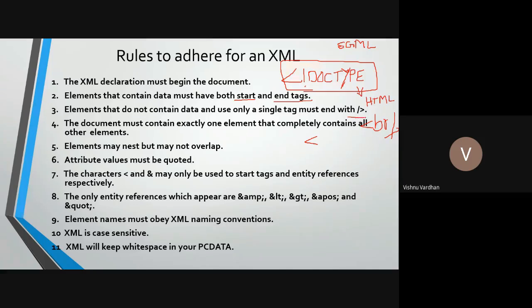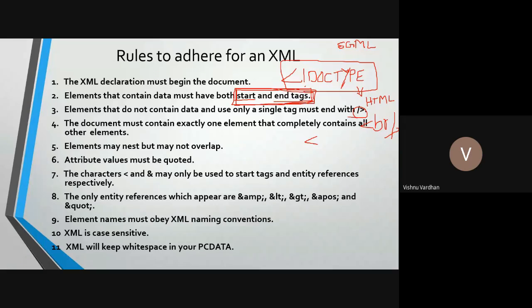These are called self-closing tags. Otherwise, if it is not an empty or self-closing tag, it has to comply with the second rule. If it complies with the second rule, then it cannot be the third rule. So in that way they are vice versa.